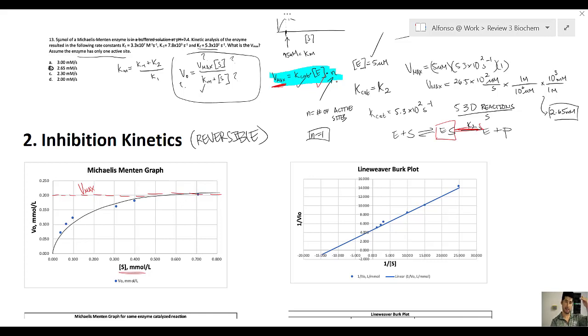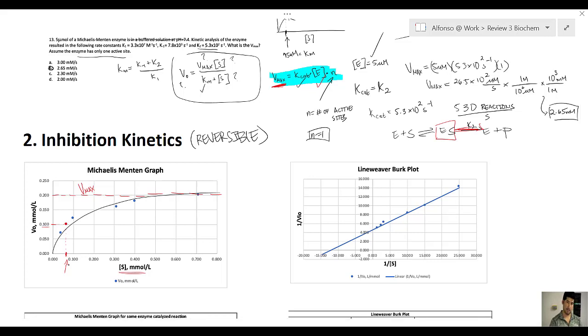Okay, so back to this. Whenever you're given a Michaelis-Menten graph, the first thing I want you to do is find your Vmax. Because once you find your Vmax, then you can find half of the Vmax. So what's half of 0.2? That would be 0.1. So half of the Vmax belongs to this point right here.